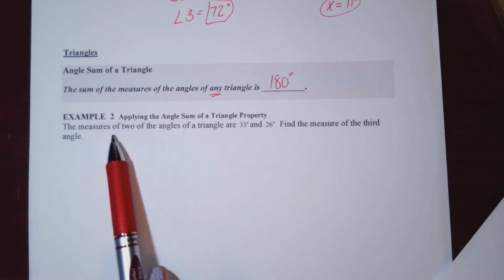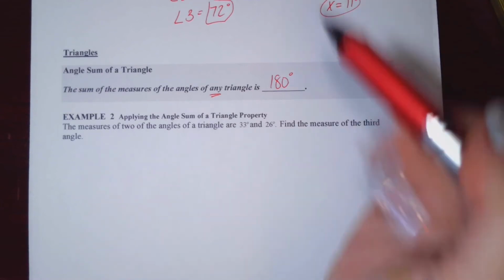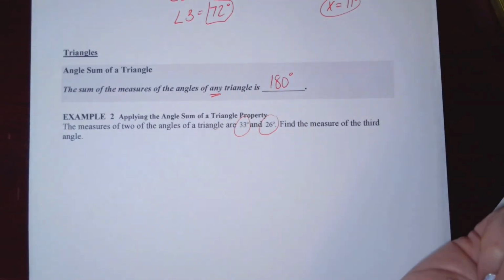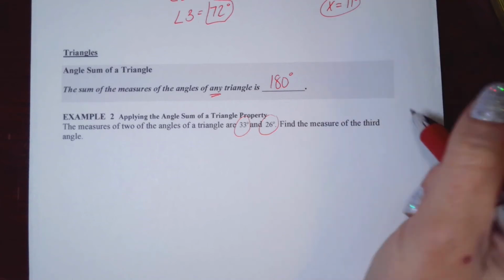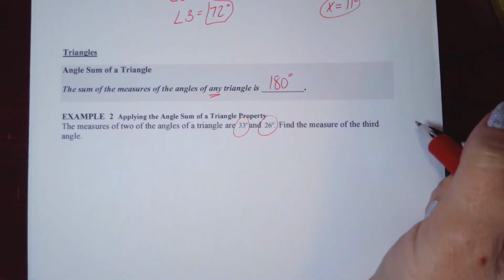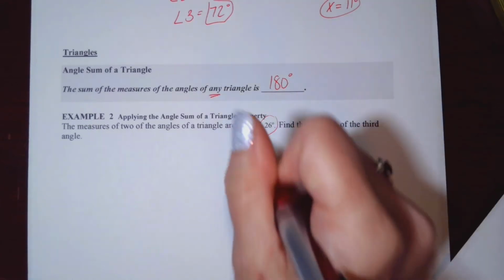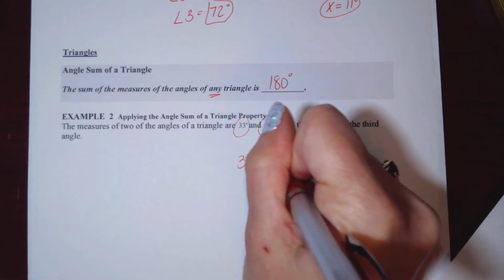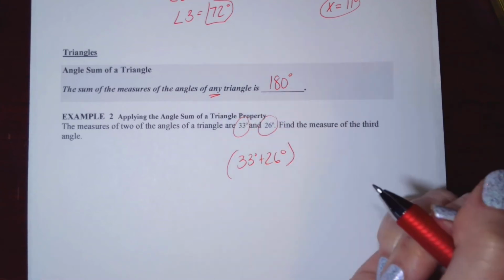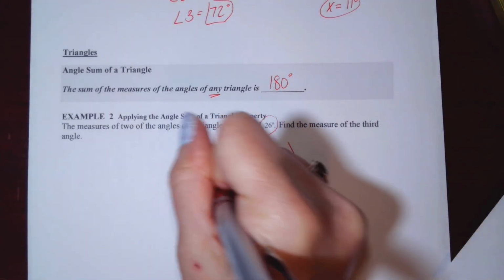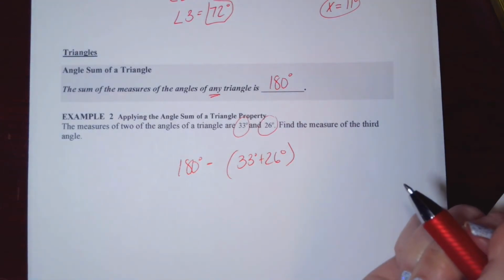For example, if I know that 2 angles in a triangle are 33 degrees and 26 degrees, and I need the missing 3rd angle, I can figure out the sum of what I have and subtract that from the total 180 degrees.